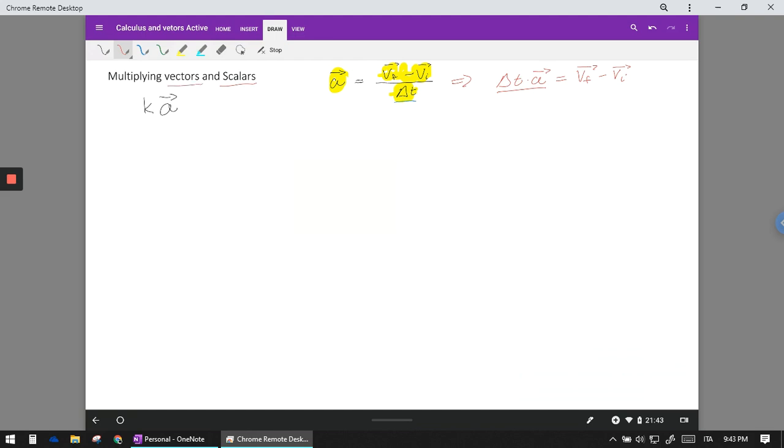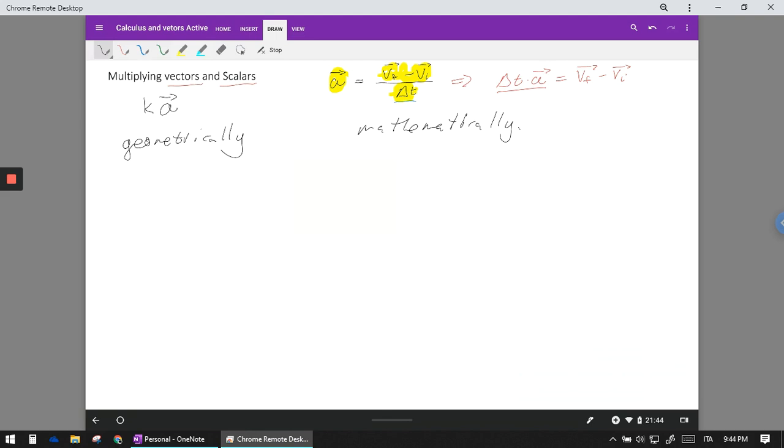Okay? And now, basically, what we want to do is we want to learn geometrically and mathematically what does that look like. So, geometrically and mathematically, what does it look like? What is it? How do we do it? Okay.